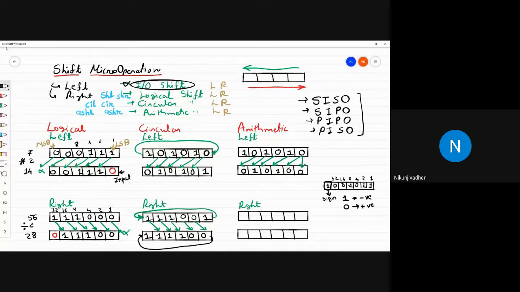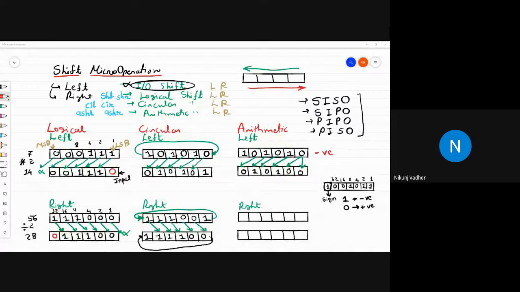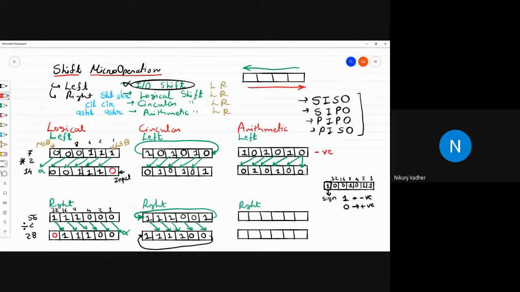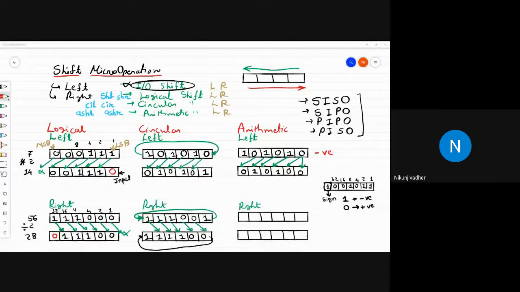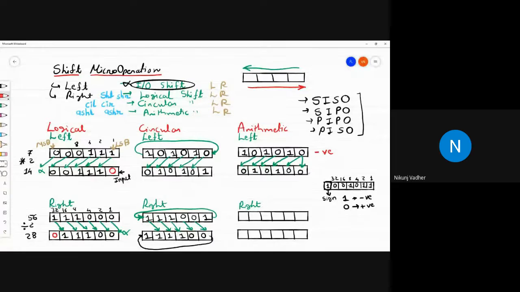So this number was previously negative. But after shifting all bits in the left direction, what happened? Now is this number positive or negative?